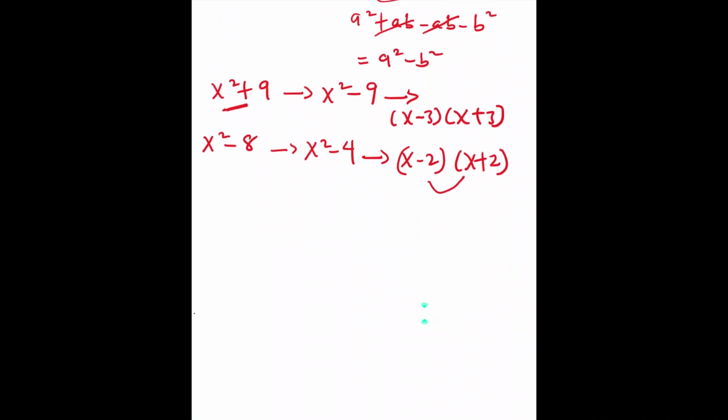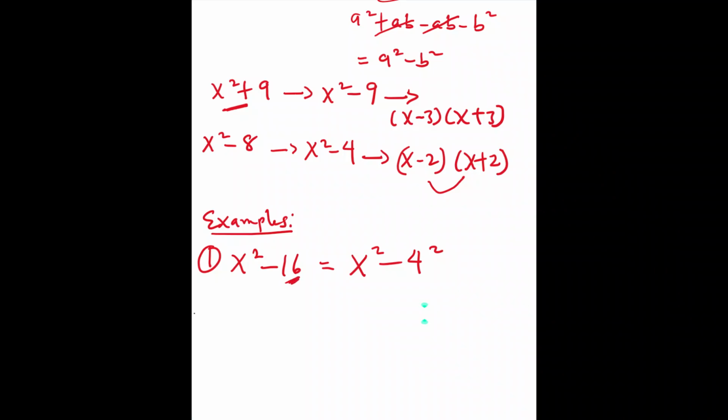So I'm going to do some examples, and the first example will be x squared minus 16. We know that the square root of 16 is 4, right? 4 squared, that's 4 times 4, will give us 16. So we can write it out as x squared minus 4 squared.